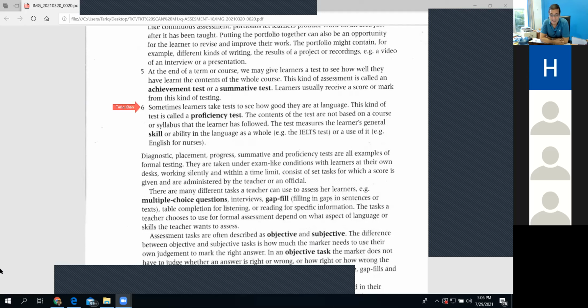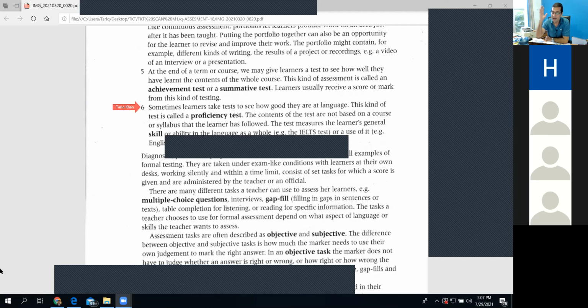Right. Actually, the thing is, in the diagnostic test, we check how much a student knows or does not know. Okay? But in the proficiency test, we check how good they are at language.